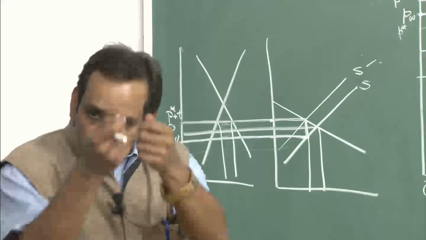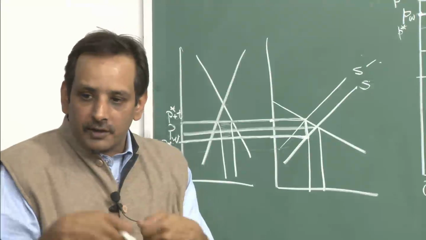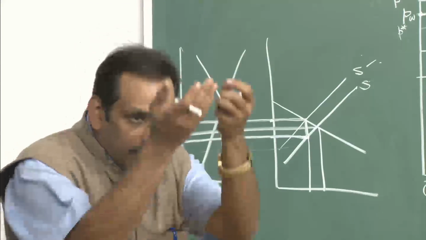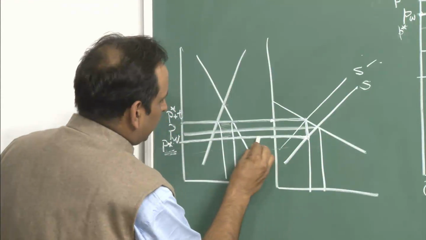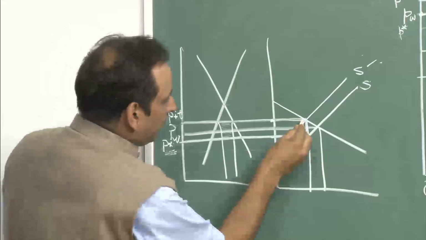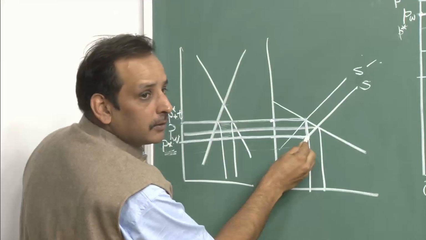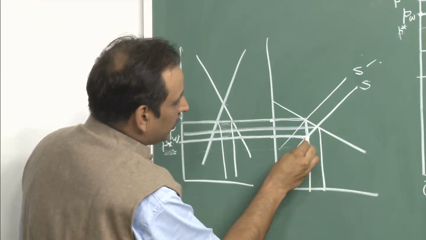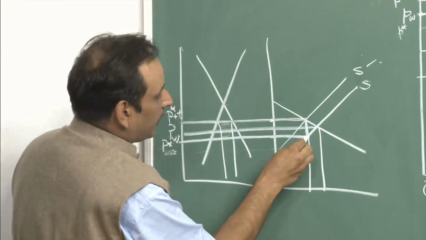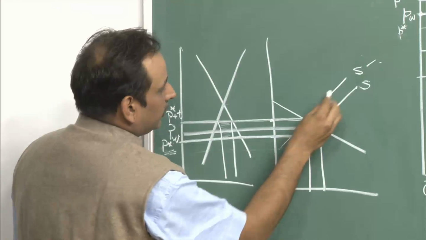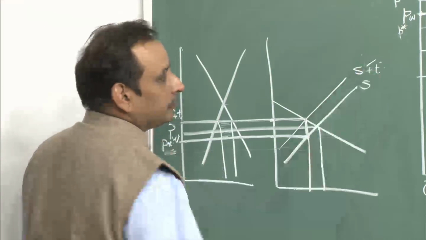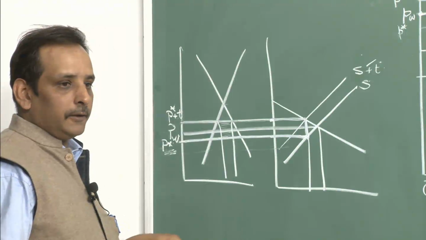So, their exports go down. When their exports go down, it is like saying that to enter the market, they have to reduce the prices. So, this is the price that they would charge. See, I am coming back to the original supply curve. Original supply curve means that this is the price that you get without tariffs. This is S star plus T.